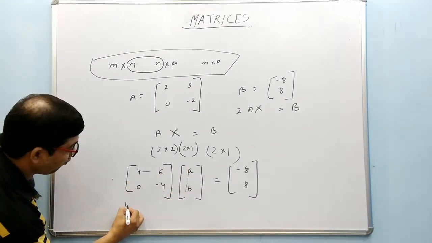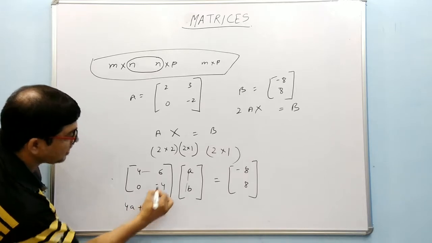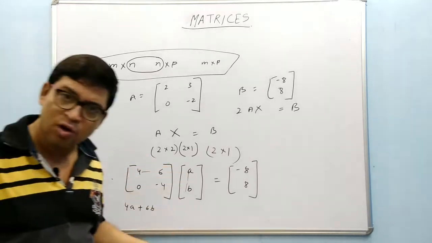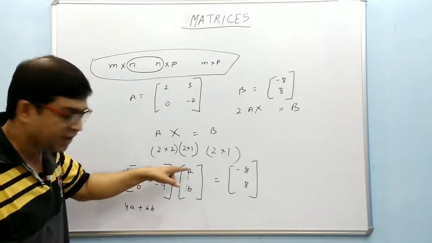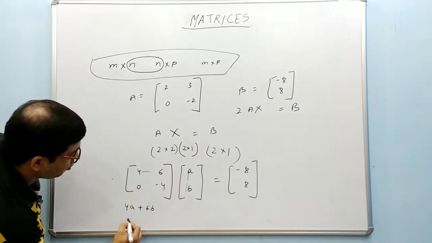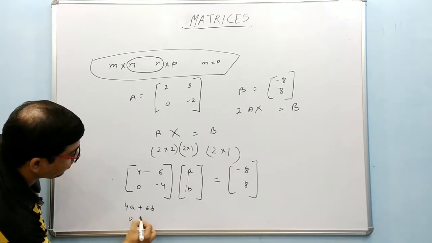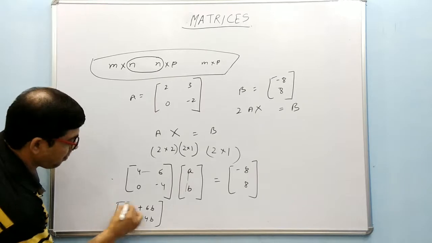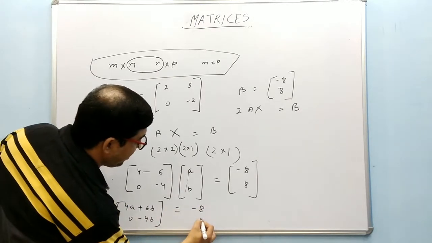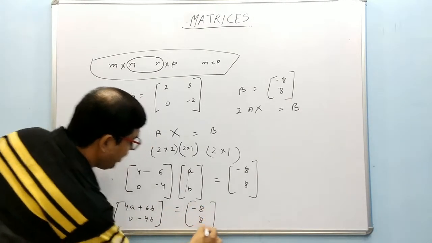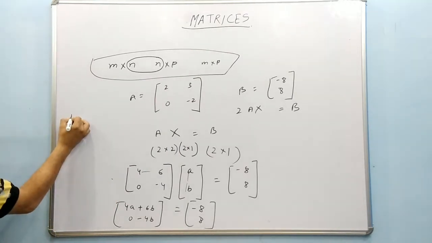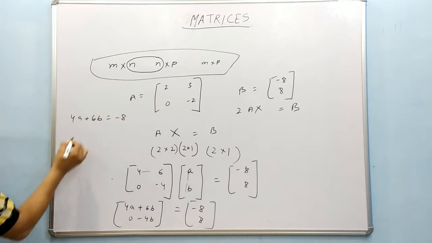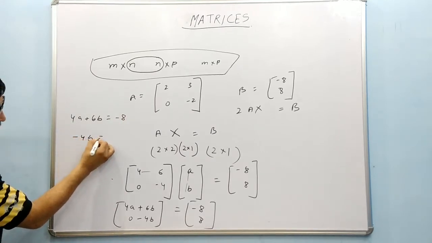On multiplication, it comes out to be 4A plus 6B. First row with first column. Now the turn of the second row. The second row will be 0 into A, which is 0, minus 4B is equal to minus 8, 8. So now equate the corresponding elements. 4A plus 6B is equal to minus 8 and minus 4B is equal to 8.